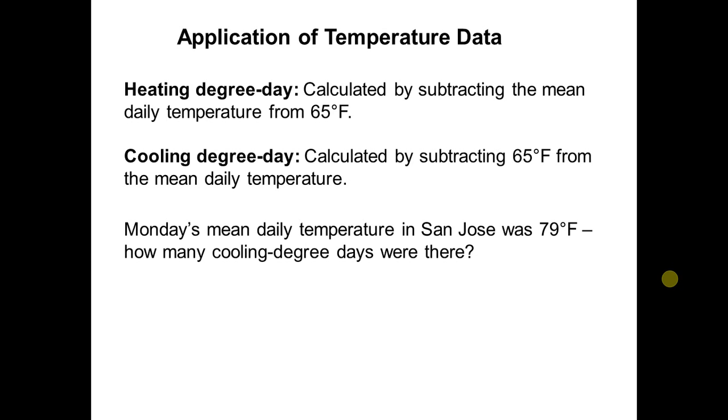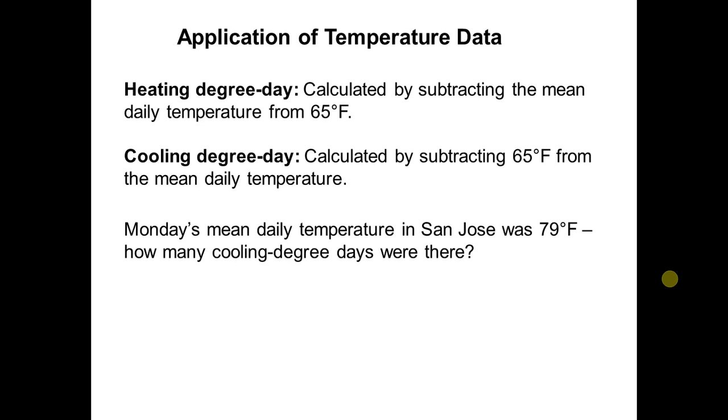An application of daily temperature developed by heating engineers in estimating energy needs is the heating degree day. The heating degree day is based on the assumption that people will begin to use their furnaces or heaters in their homes when the mean daily temperature drops below 65 degrees Fahrenheit. Therefore, heating degree days are determined by subtracting the mean daily temperature from 65 degrees Fahrenheit.